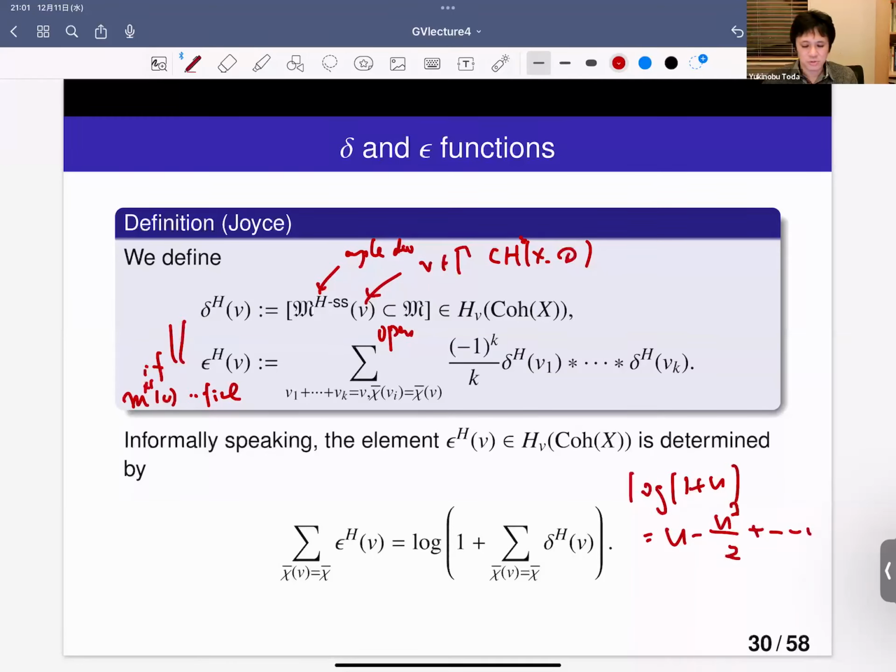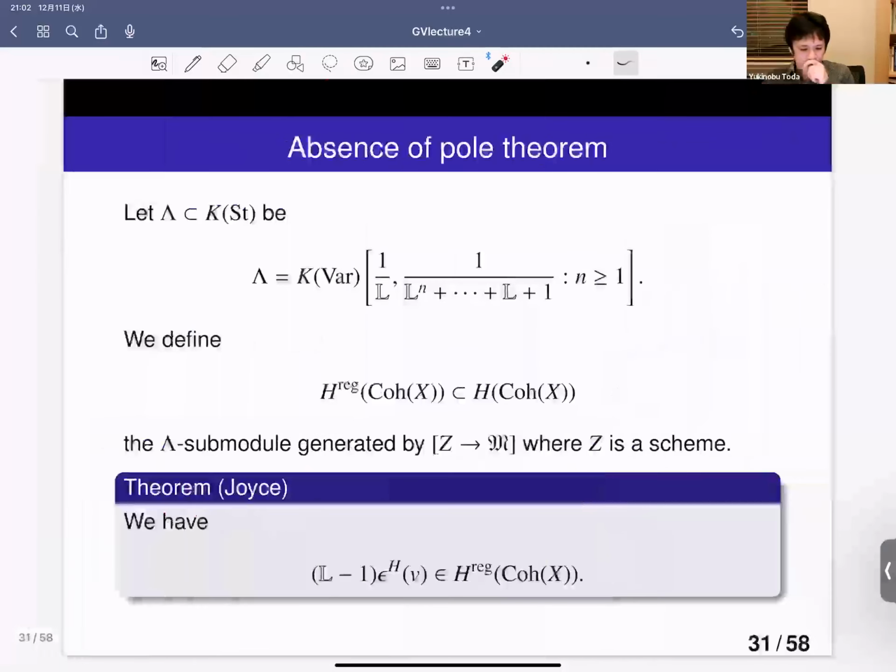If you substitute u with this sum of delta functions and compare both sides, you get this formula. The surprising result by Joyce is the so-called absence of poles theorem. That is, by taking the logarithm of this moduli stack, which is nothing but this epsilon function, this epsilon function is virtually regarded as a variety rather than a stack.